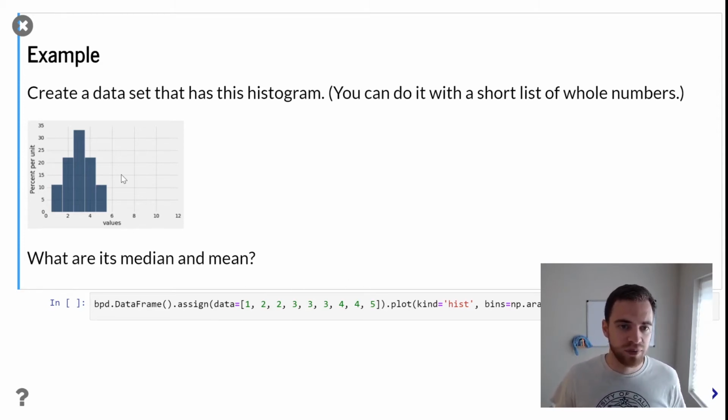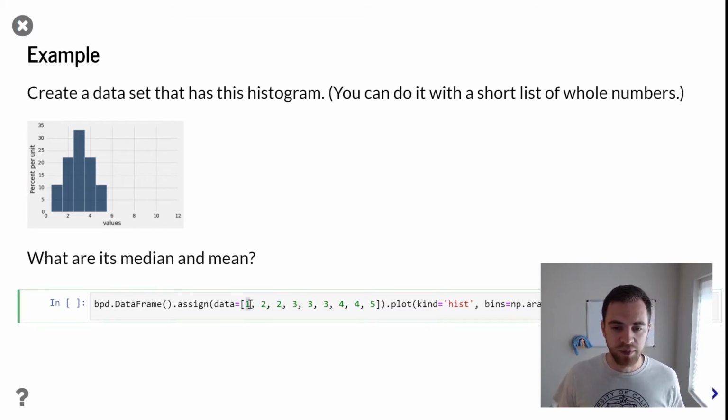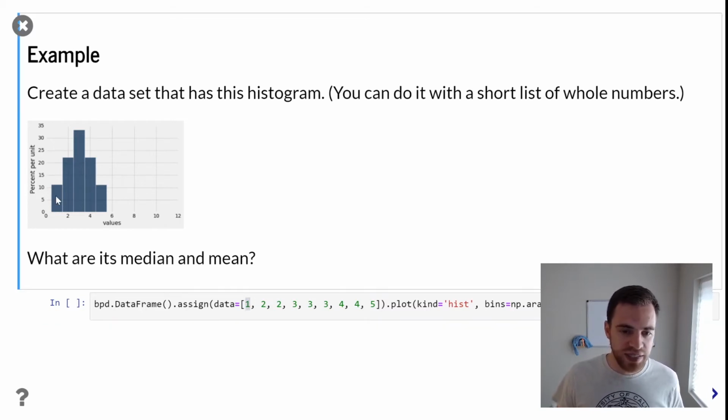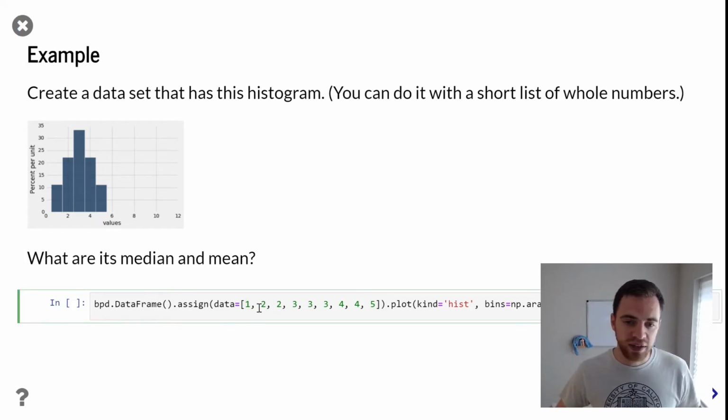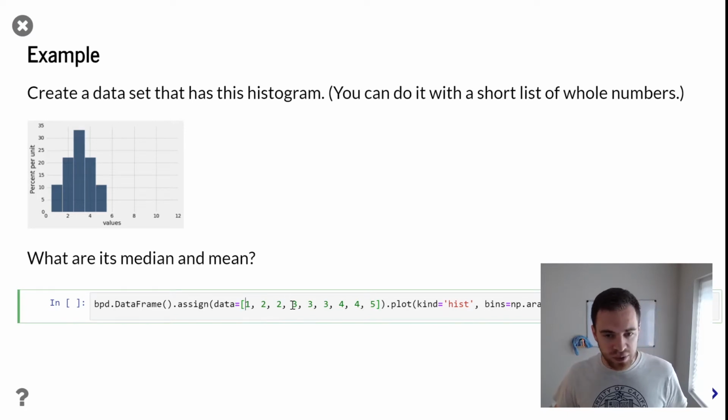You can create a data set which has this histogram. In this case, you could see I have twice as many 2s as I have 1s, and looks like 3 times as many 3s as I have 1s. So it looks basically like 1, 2 2s, 3 3s, 2 4s, 1 5.